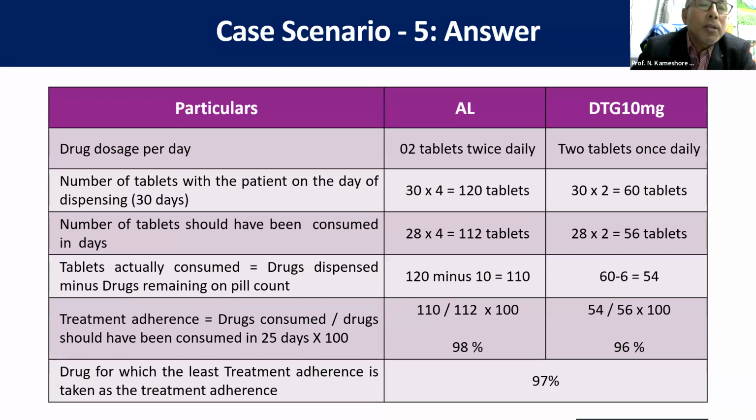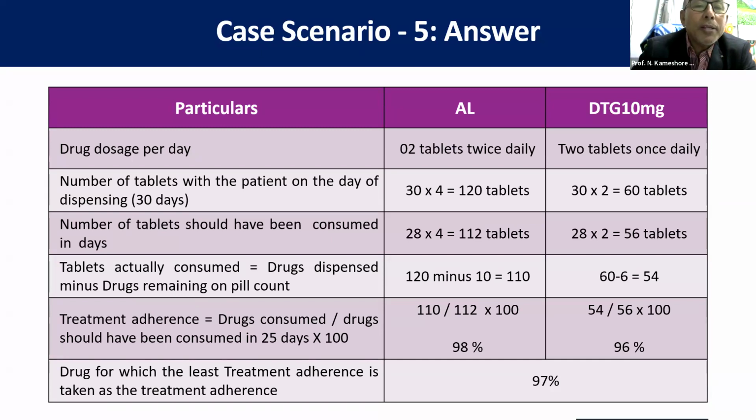But tablets actually consumed is drugs dispensed minus drug remaining. We have dispensed 120, 10 is remaining, so 110 has been taken. We have dispensed 60 of dolutegravir, 6 is remaining, so the child has taken 54 only.